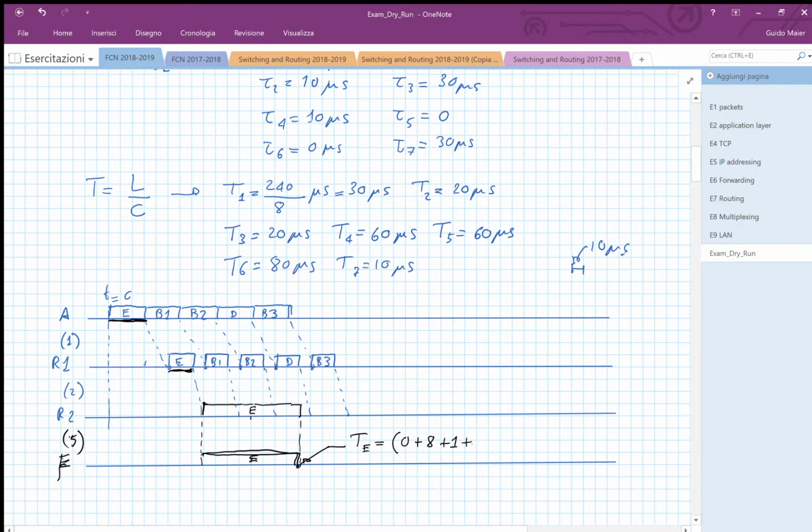Then a transmission time of 10 microseconds, 20 microseconds, propagation delay of 20 microseconds again, and finally the initial transmission time, that was 30 microseconds. I multiply everything times 10 so that it's easier to write. And if I am not wrong, you can check later, the final result is 140 microseconds.